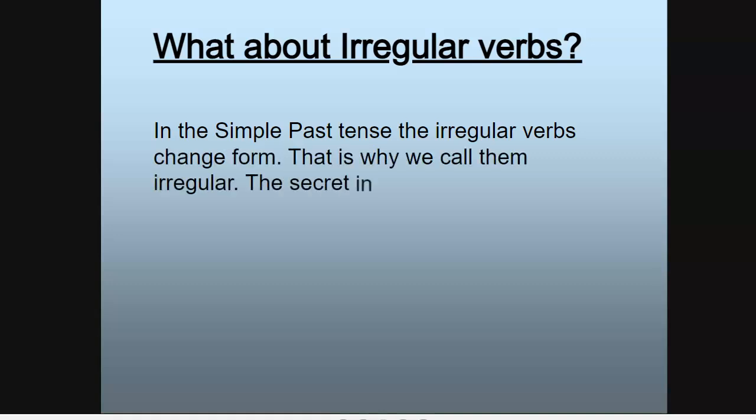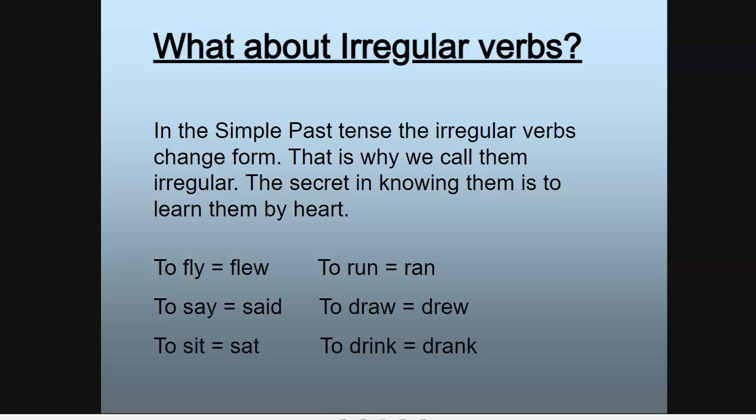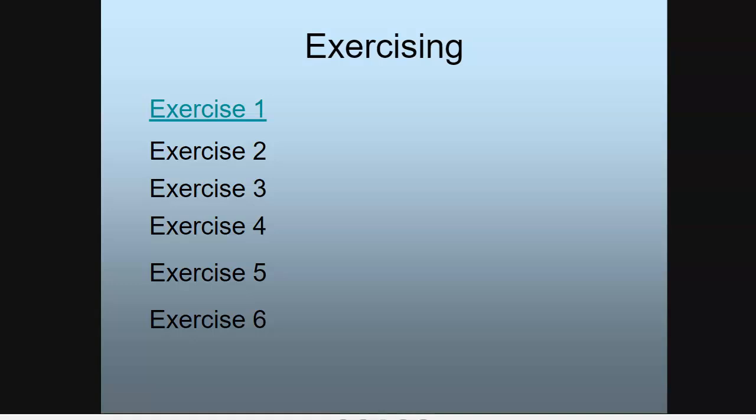In the simple past tense, the irregular verbs change form. That's why we call them irregular. The secret is to learn them by heart. To fly, flew. To say, said. To see, saw. To run, ran. To draw, drew. To drink, drank. These are all the forms.